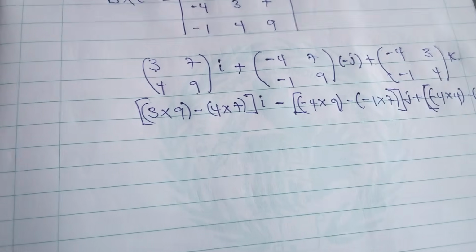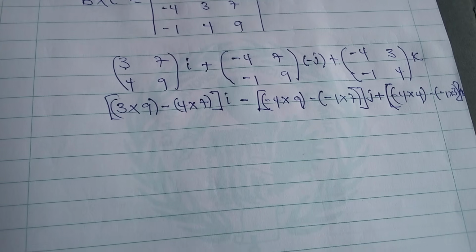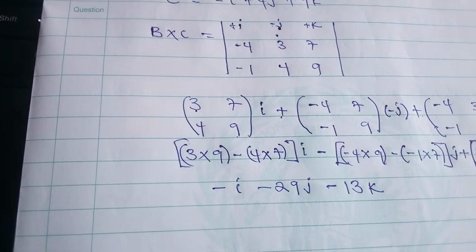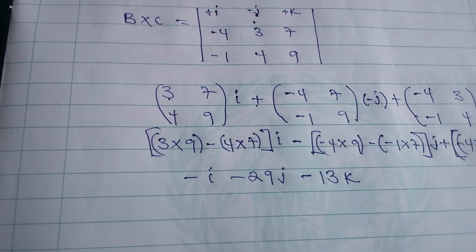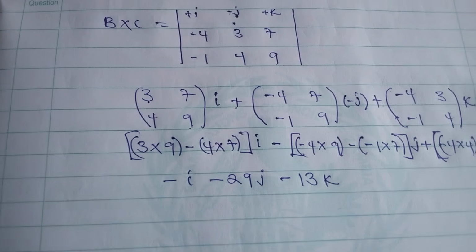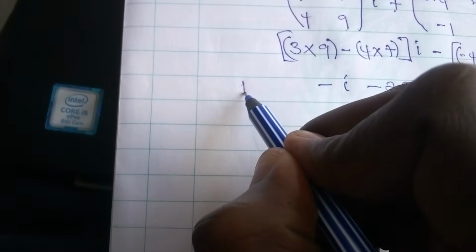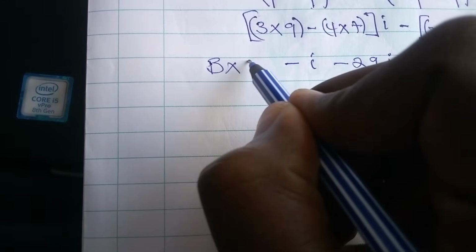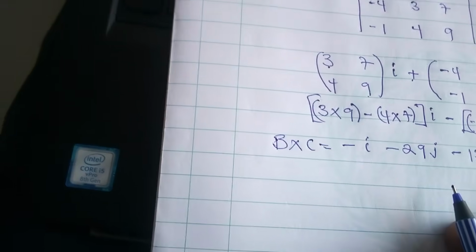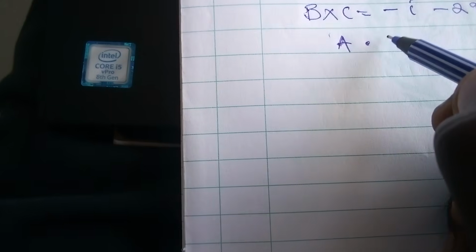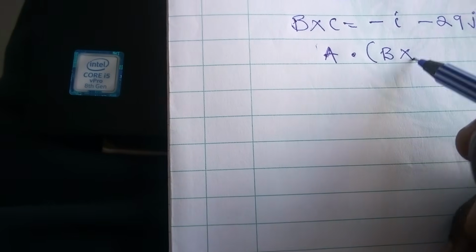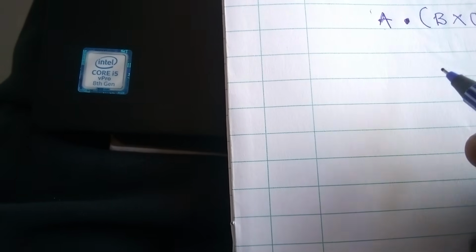So when you just simplify everything there, if you compute everything on the calculator, you're going to obtain that perpendicular vector of B cross C. So now we can calculate A dot B cross C. So you know what dot means, you just get the coefficients and add them.